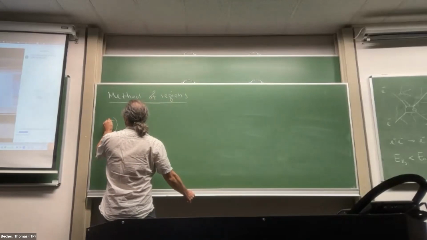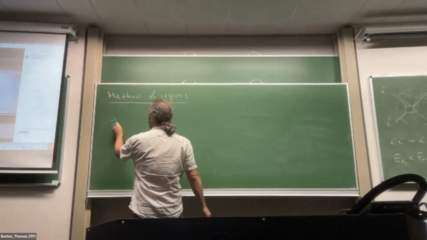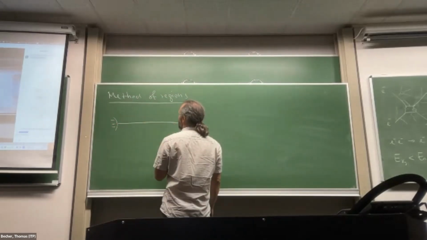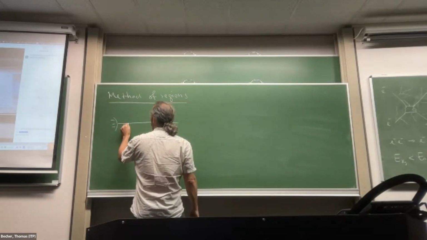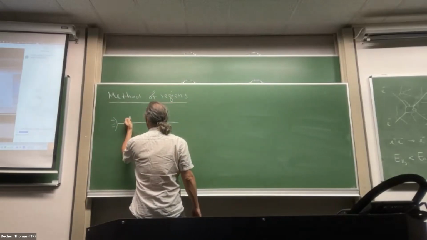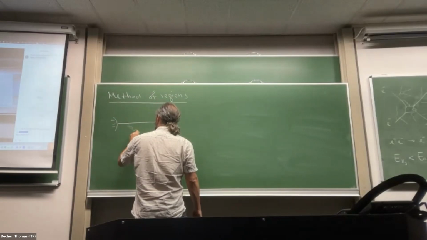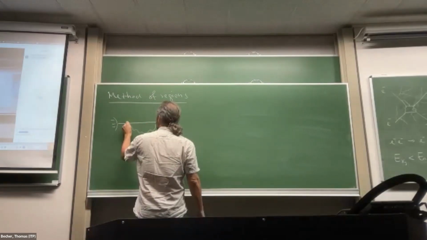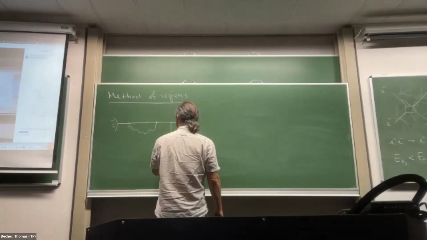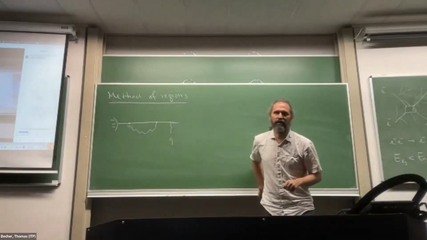So again, let me consider one leg. And then I'll do the simplest example. I'll have a loop diagram, always drawing gluons. I have a loop like this, and then an emission like this.